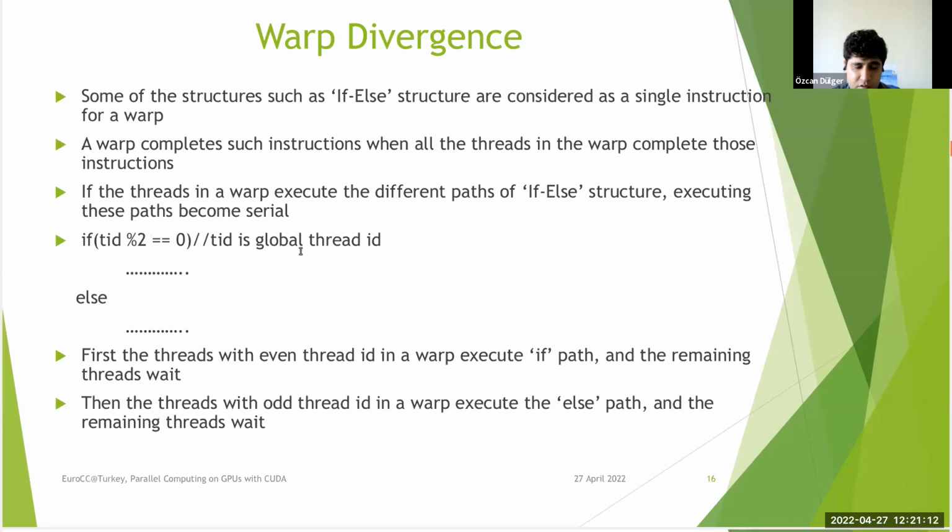In this example, the threads with even thread ID in a warp execute the if path, and the remaining threads wait at that position. Then the threads with odd thread ID execute the else path, and the remaining threads wait in the else position. Then the warp completes its instruction. So this operation becomes serial.